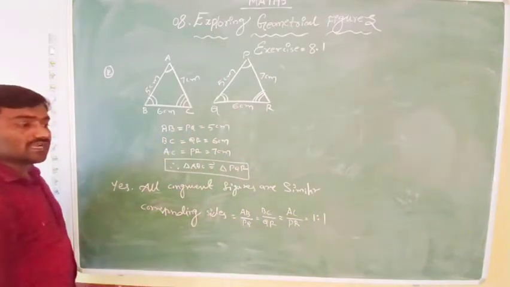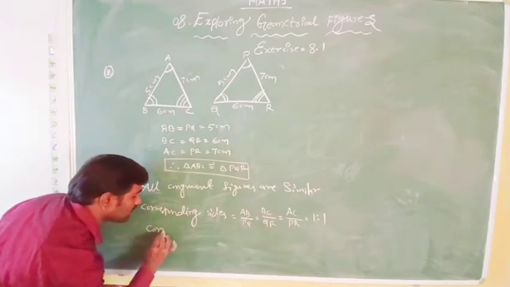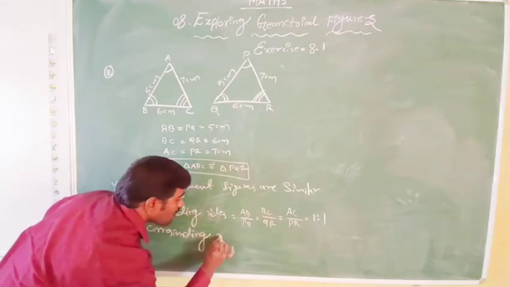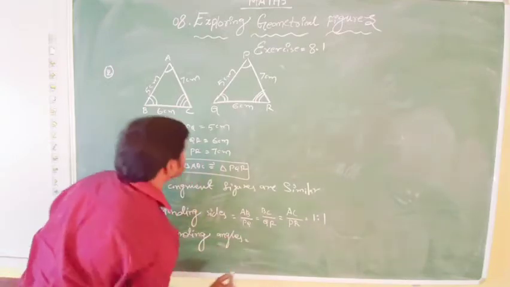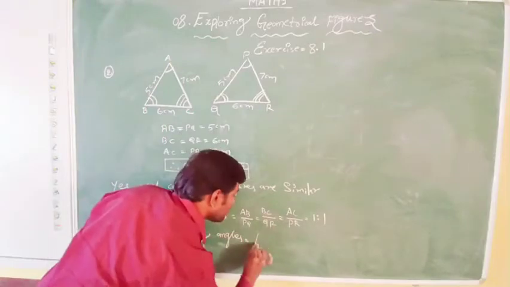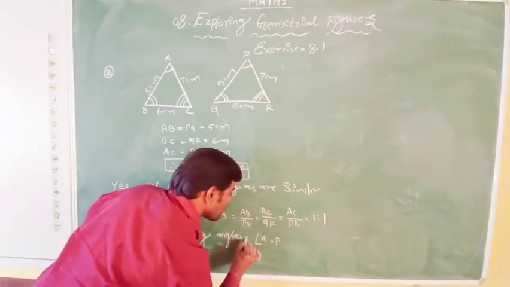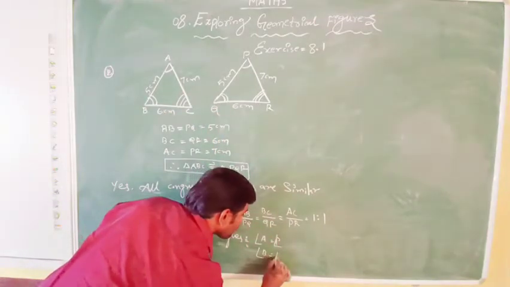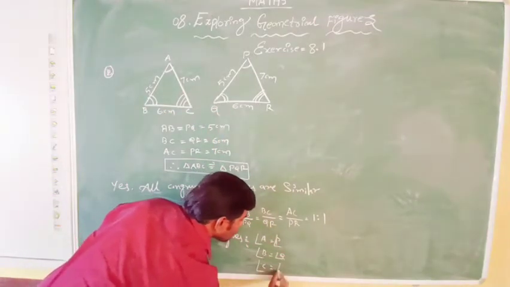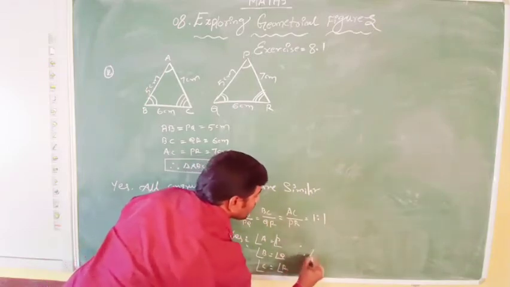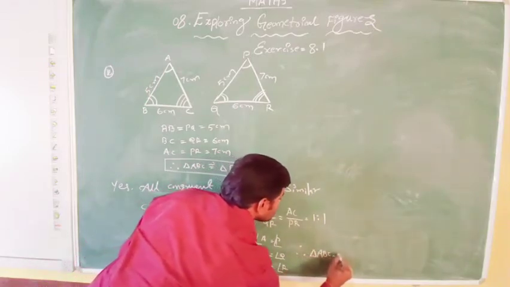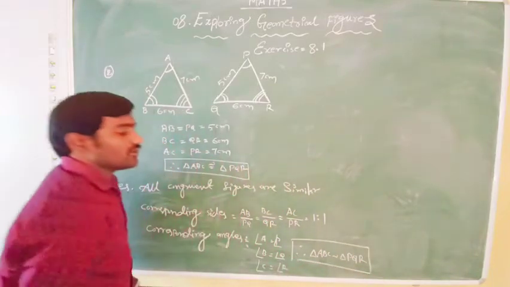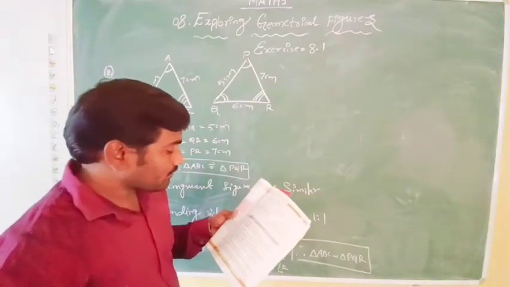So the corresponding sides are equal, and the corresponding angles: angle A equal to angle P, angle B equal to angle Q, angle C equal to angle R. Hence, triangle ABC is similar to triangle PQR.